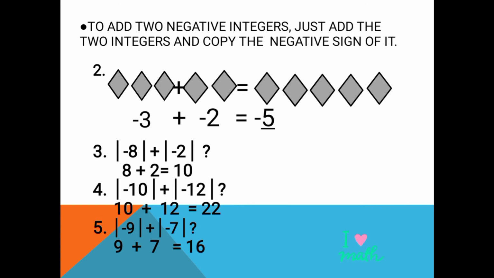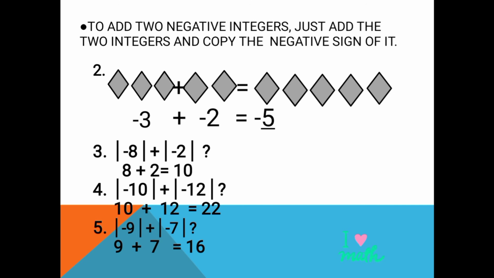What about number 3? The absolute value of negative 8 plus the absolute value of negative 2. So, get rid of the absolute sign. 8 plus 2 is equal to 10. Okay? Number 4, the absolute value of negative 10 added to the absolute value of negative 12. So, 10 plus 12 again.